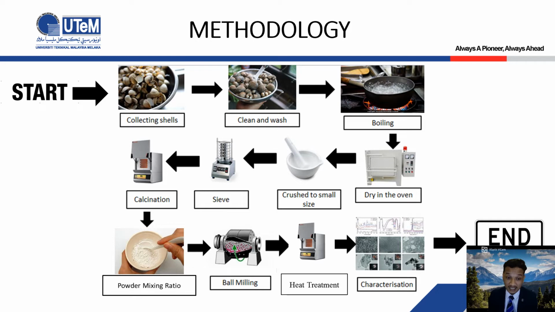We calcine at 800 degrees Celsius for 1 hour to get calcium carbonate, and then we mix the cockle shell powder with diammonium hydrogen phosphate, and then we ball mill for 5 hours at a speed of 400 RPM. We heat treat at 900, 1000, and 1100 degrees Celsius, and lastly we characterize using SEM, FTIR, and XRD. That's all.